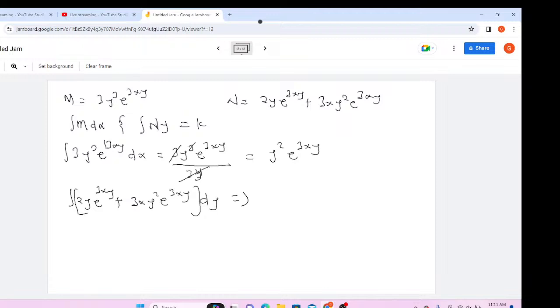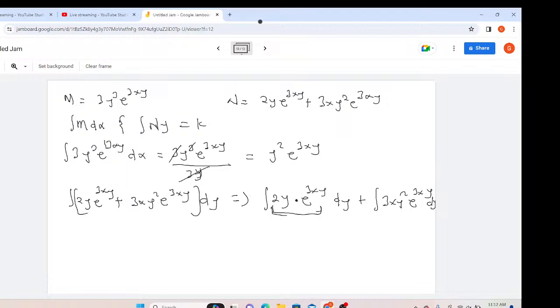So I'm integrating 2y e^(3xy) with respect to y, and then I'm also integrating 3xy squared e^(3xy) with respect to y. Now when I take this part, because they are multiplying, supposing they were adding, I would have integrated both sides separately and then added them. But then they are multiplying. So what do I do?